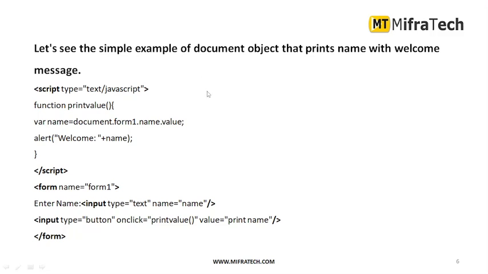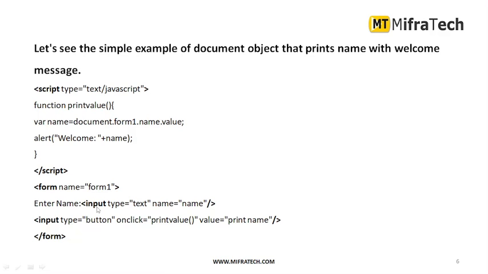Script type text, it is a JavaScript function. The printvalue function: the variable name is equal to document.form1.name.value. Alert welcome, the welcome message is displayed here. Then we close the script and create a form element. Form name is form1.